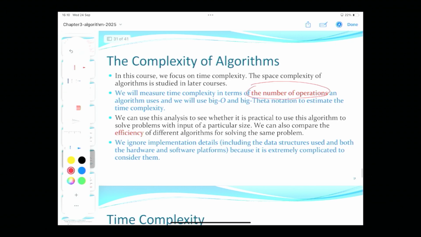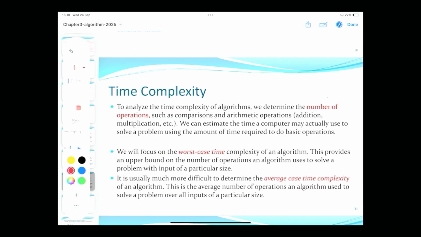That tells us about the efficiency of the algorithm, how we compare them. We're going to see the worst case: what is the worst case time complexity and what is the average time complexity. These are the two different complexities that we have to know.